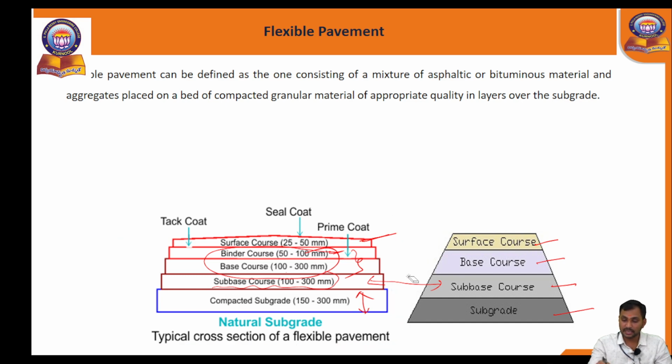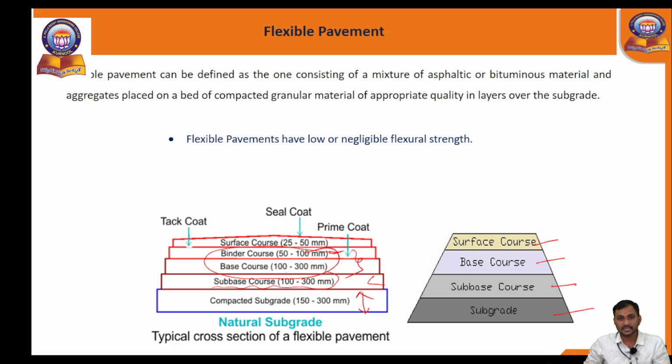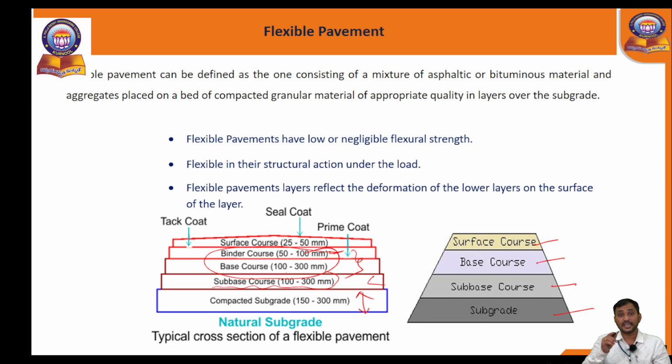Now we will see the importance of this flexible pavement. First, flexible pavements have low or negligible flexural strength, and are flexible in their structural action under load. Flexible pavement layers reflect the deformation of the lower layers on the surface of the layer.